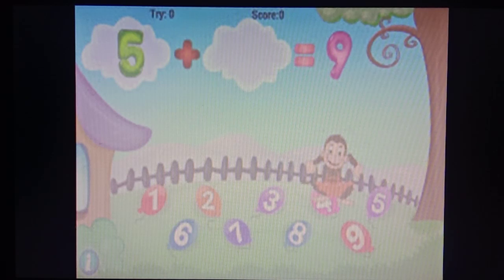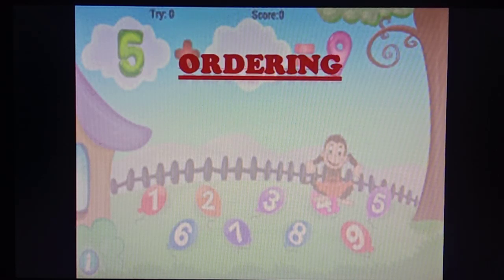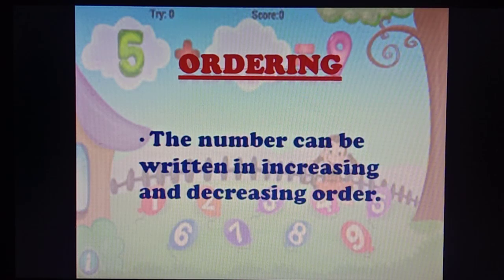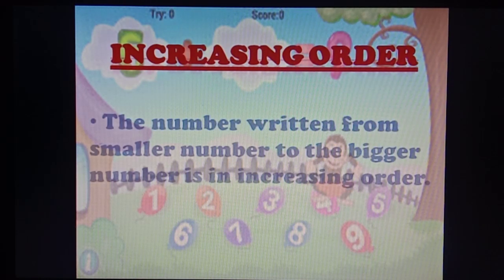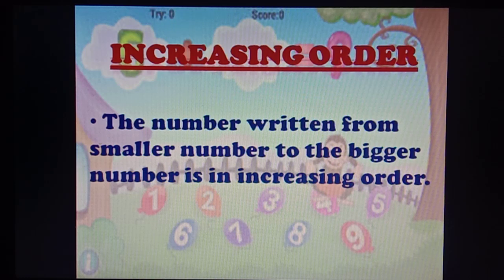Now we will start our next topic, ordering. The number can be written in increasing and decreasing order. Increasing order: the number written from smaller number to the bigger number is in increasing order.